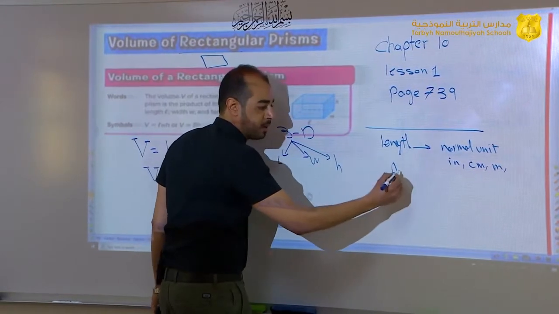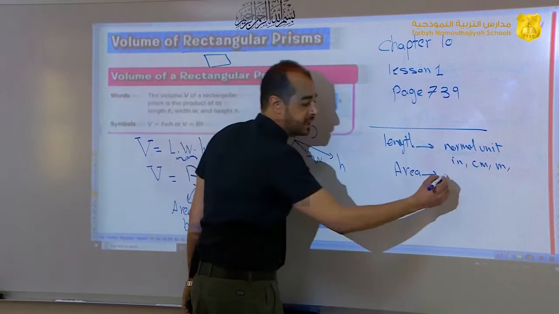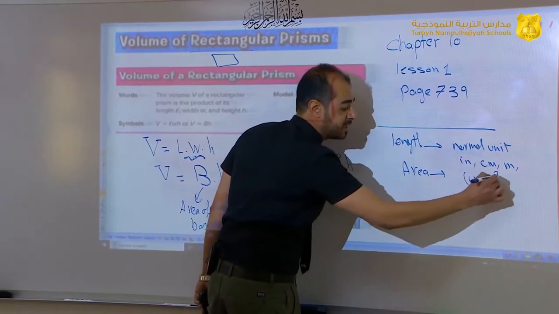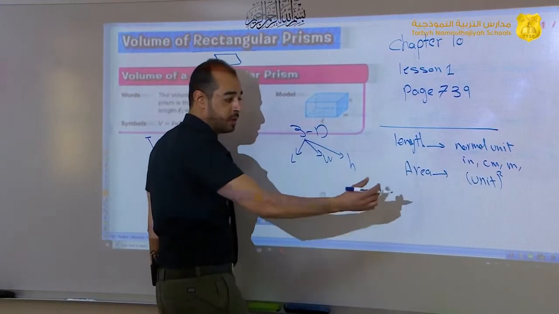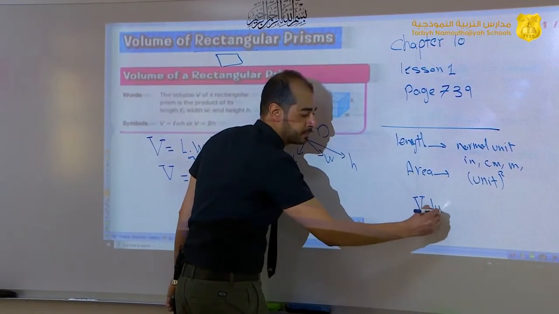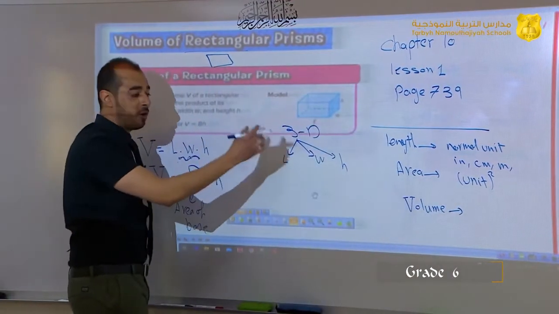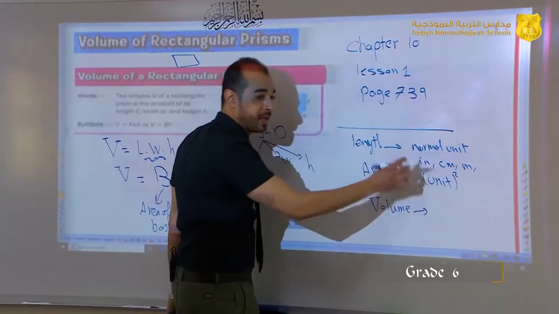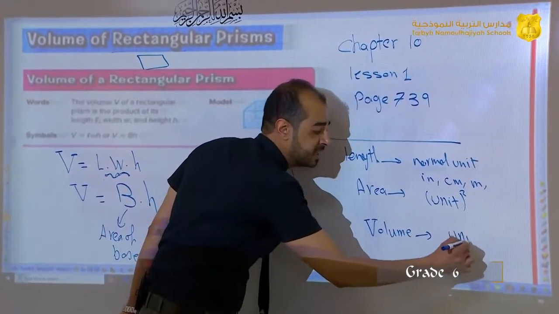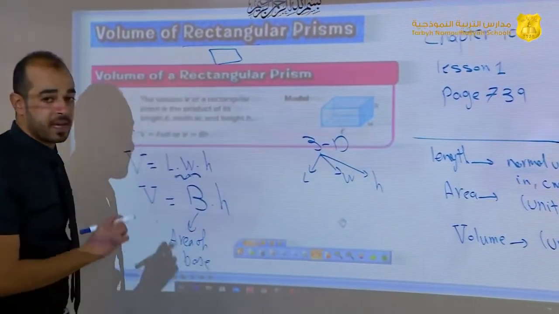When we talk about area, the unit of the area is a square unit, because we get the area by the product of two dimensions. What about volume? Volume, as shown here, is the product of three dimensions. So we multiply the unit by itself 3 times. That means we have here the unit raised to the power of 3, or we call it a cubic unit.